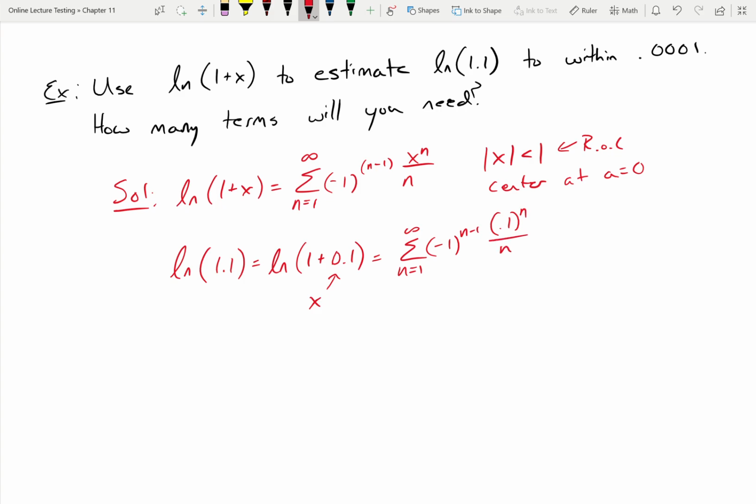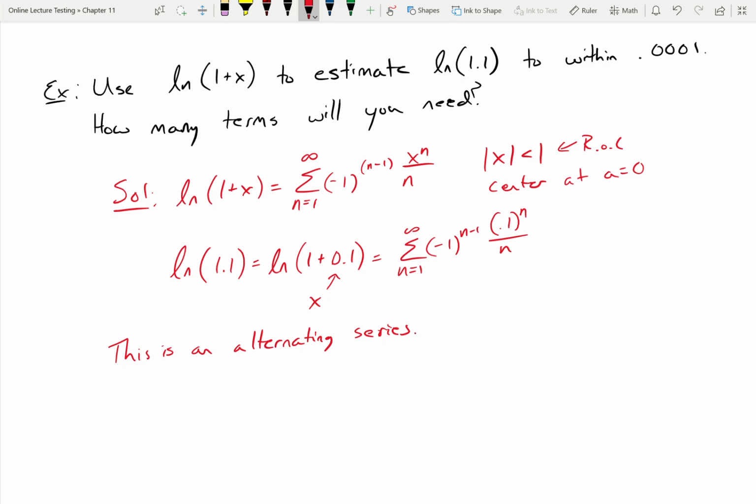Well, if we look at this, this is an alternating series, meaning we can use the alternating series estimation theorem.